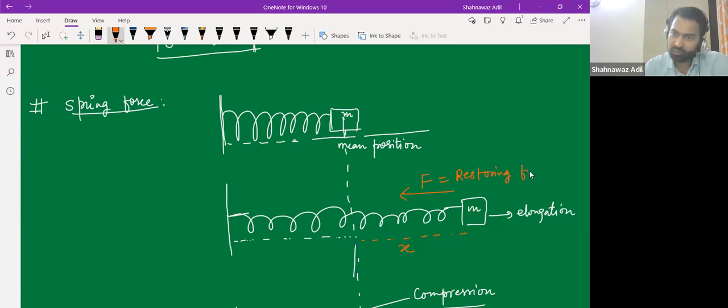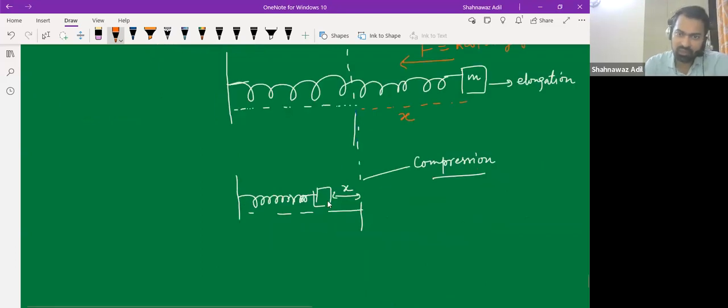Similarly, for the compression, this will apply a force in this direction, right? Restoring force.